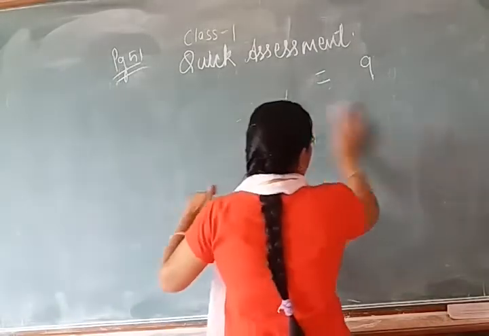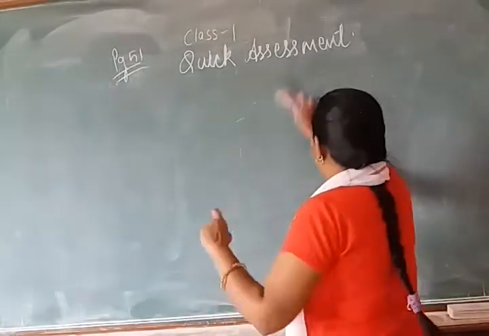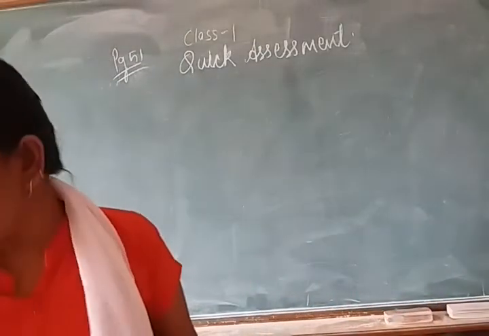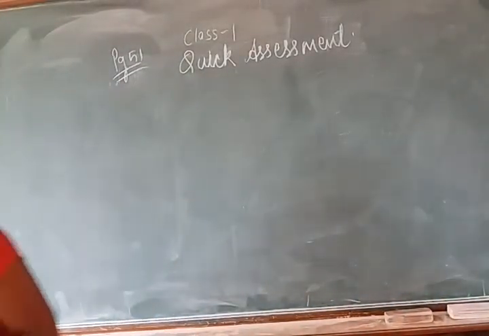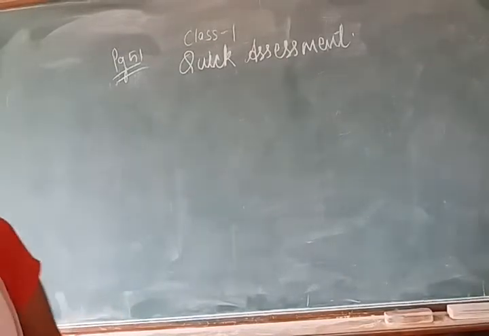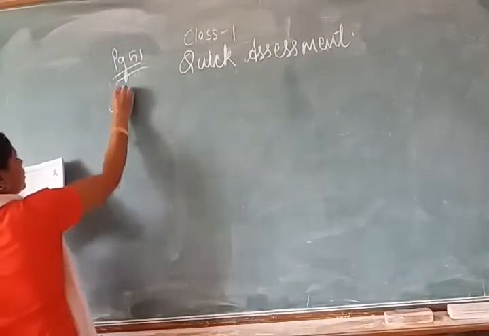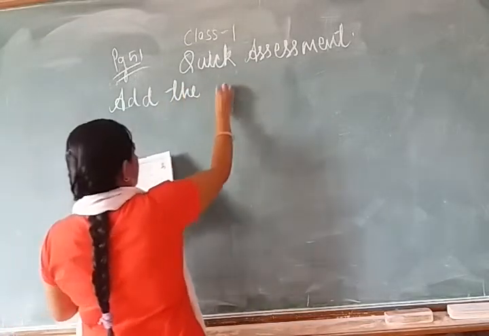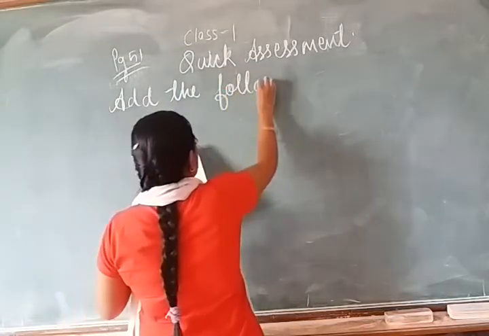Questions given in exercise quick assessment. So first I am writing the questions. So you also first copy the questions. First write add the following. So 3 questions are there.